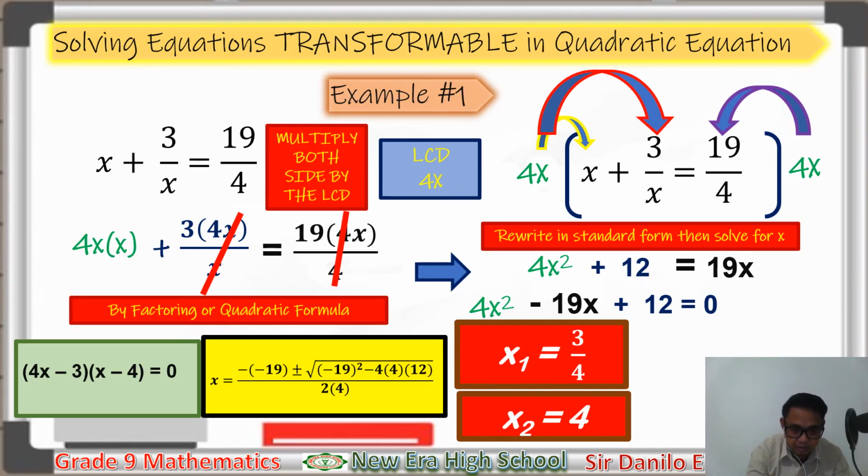Ito naman, ilipat mo lang yung 4 sa kabila, that's equal to 4. Okay? So, ang mahirap lang dito naman is pag hindi natin nakagad nakuha yung LCD, and then the multiply na natin. Pero kung nakuha na natin ang LCD, then na-distribute na natin, na-multiply na natin, madali na lang yun.